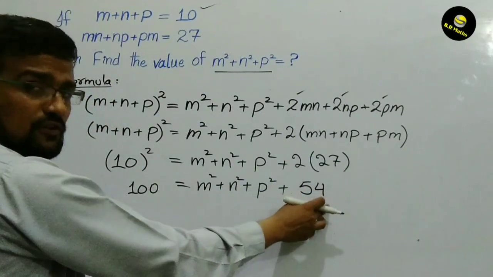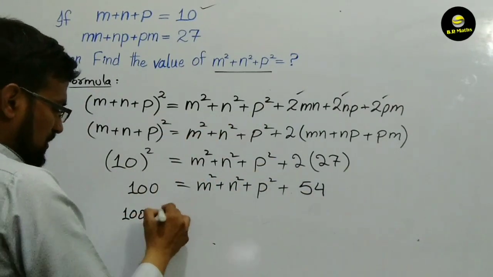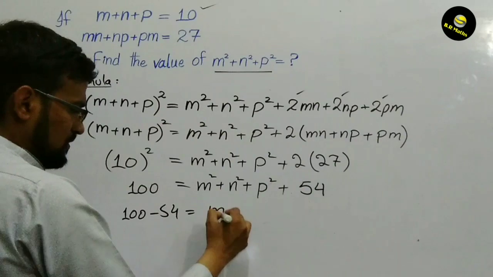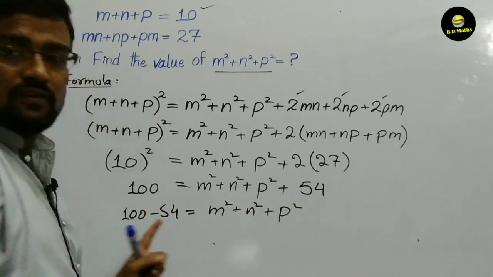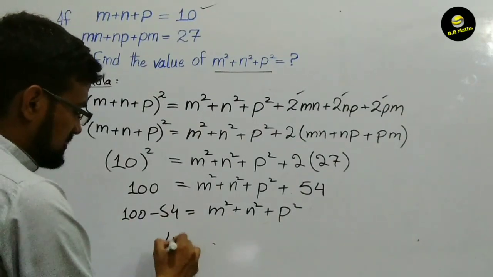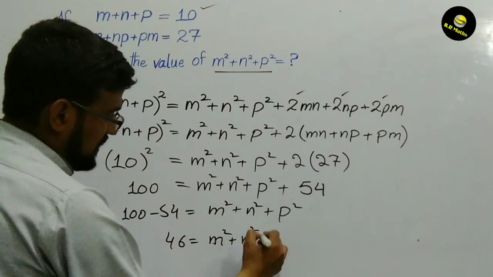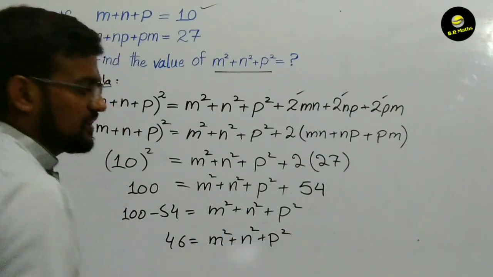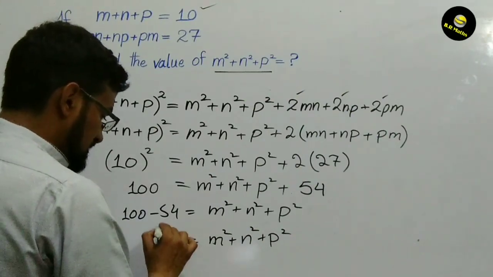So plus 54 becomes minus 54, 100 minus 54. So 100 minus 54 is 46, and this is our final result. m square plus n square plus p square is equal to 46.